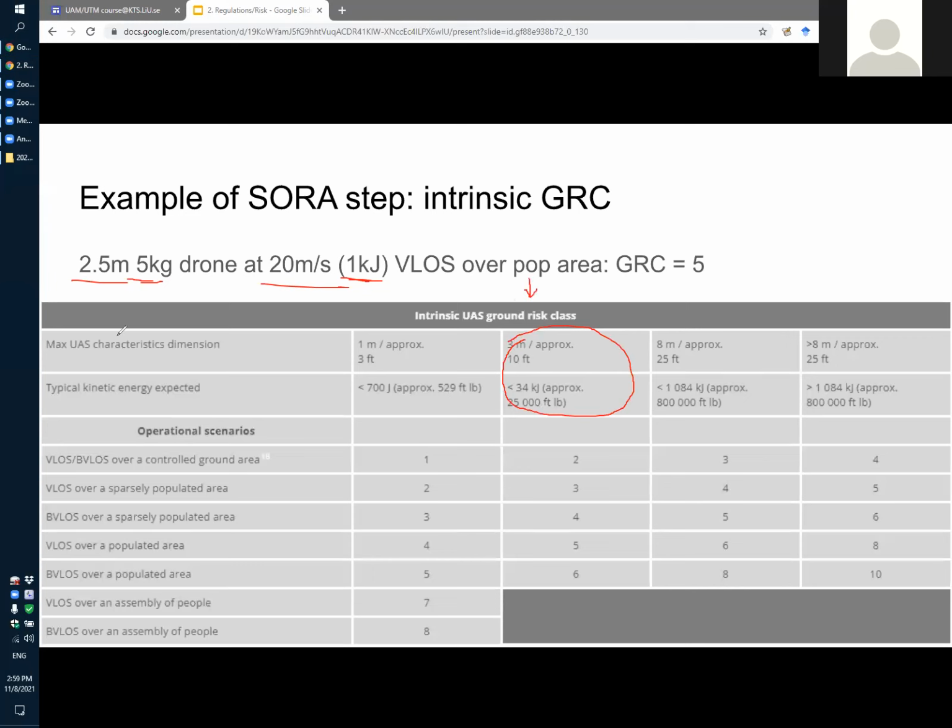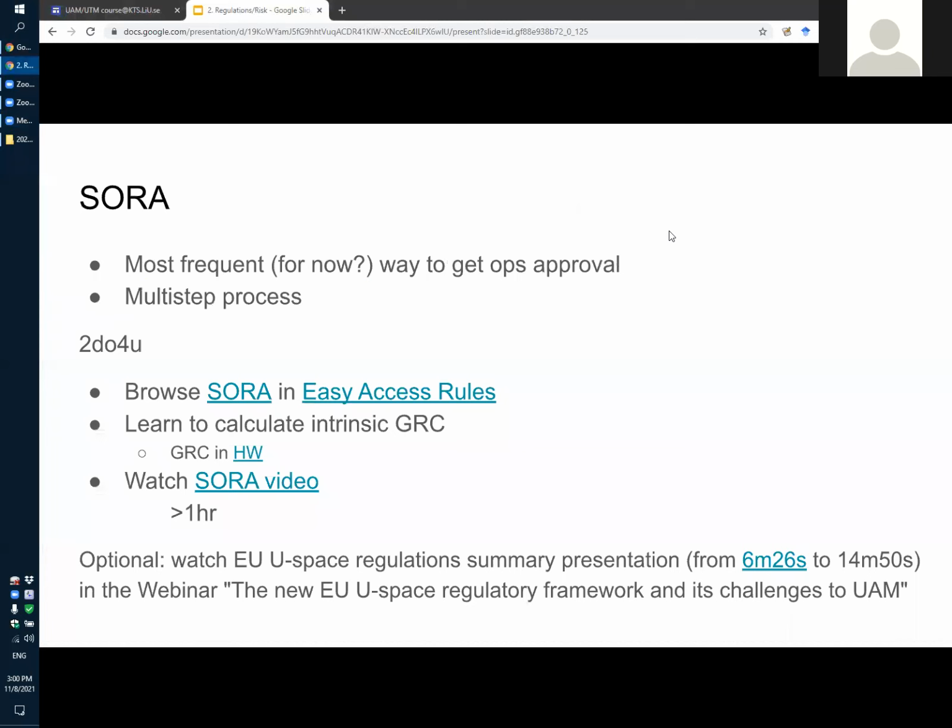So you look at this column, and then you look at your operational scenario, whether you're flying over a populated or non-populated area, visual line of sight or beyond visual line of sight, where you don't see your drone. And in the intersection of these two, you find the intrinsic ground risk class. Okay, so I went over it very quickly, but you'll have to do more of it in the homework and see how it's done in SORA.